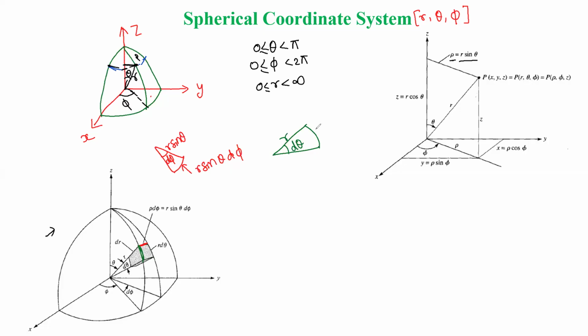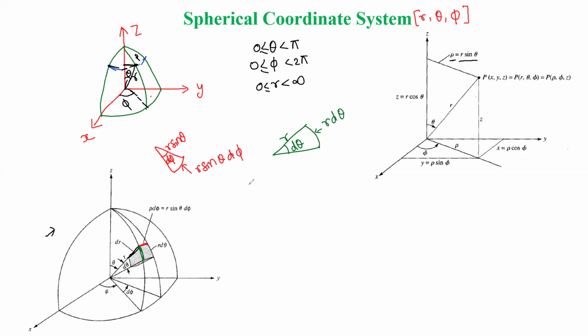So finally, what will be the length of this arc? This will be r d theta. Like this, we find this is r d theta, this is r sine theta. And the differential length along the radius we are going to take is dr here.